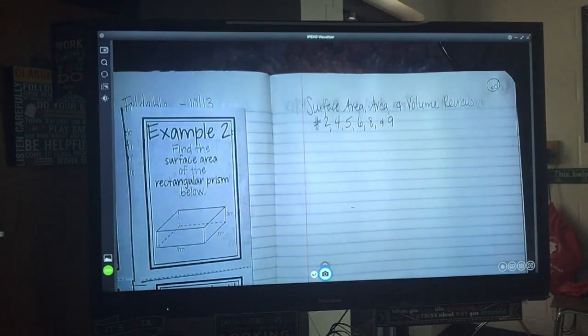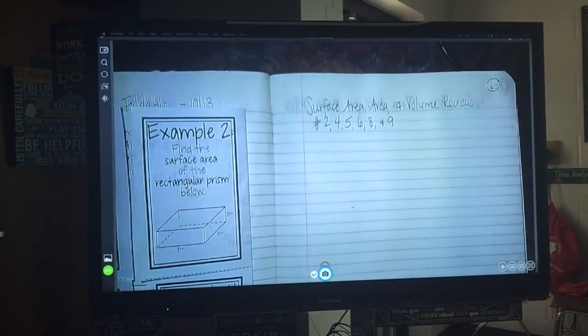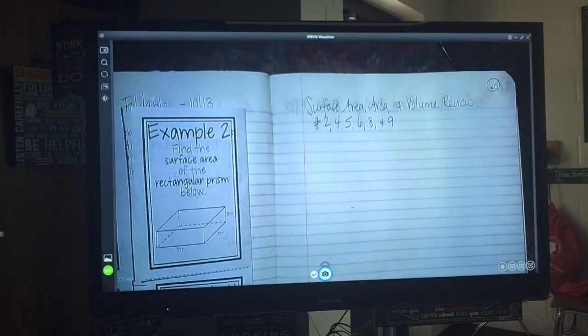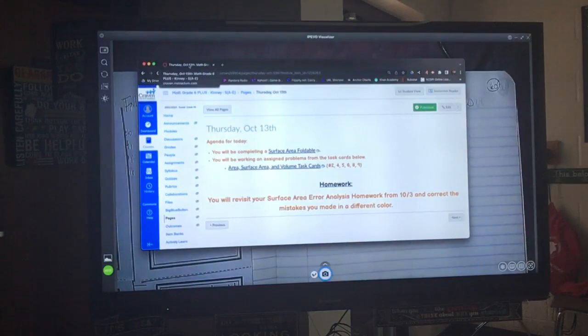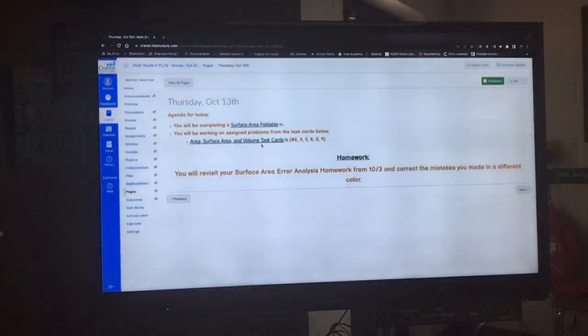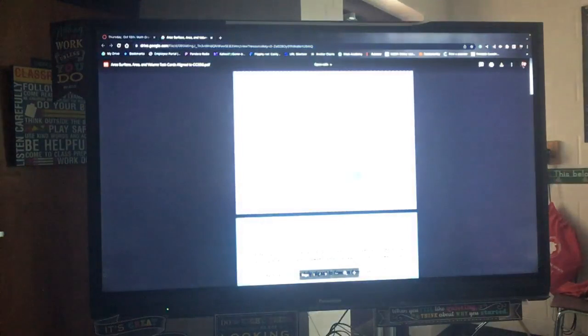All right? With your classwork, the 6 problems that you're working on, you're going to need to go on Canvas, not right now, just sit still. You guys have also seen these task cards before. Because this was another one of those, it was insane.